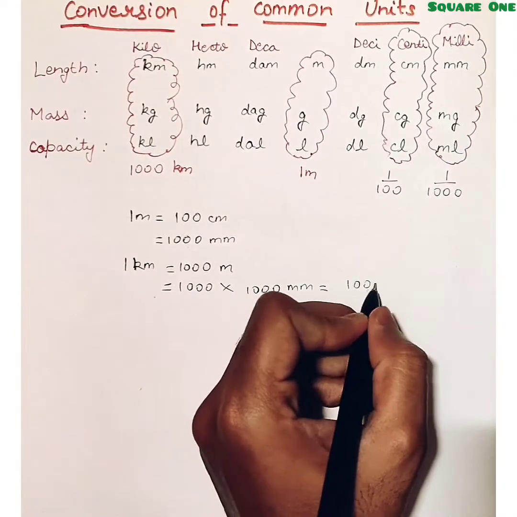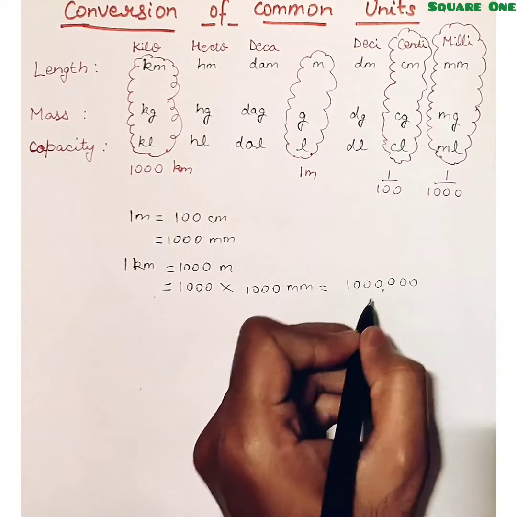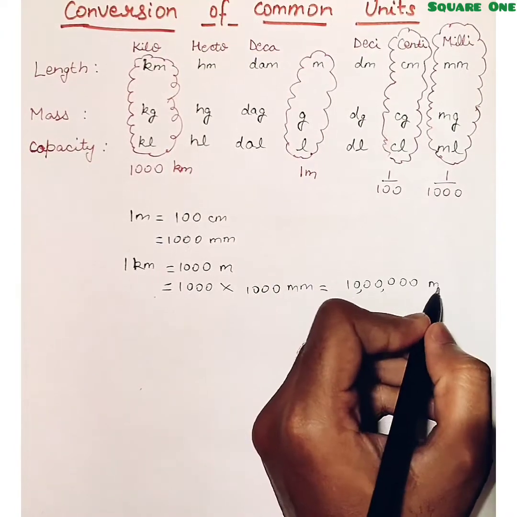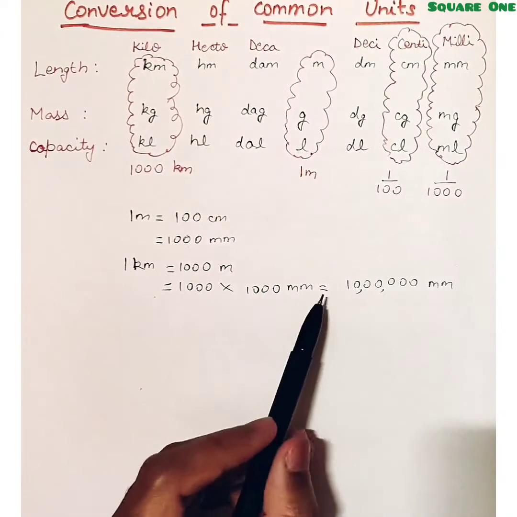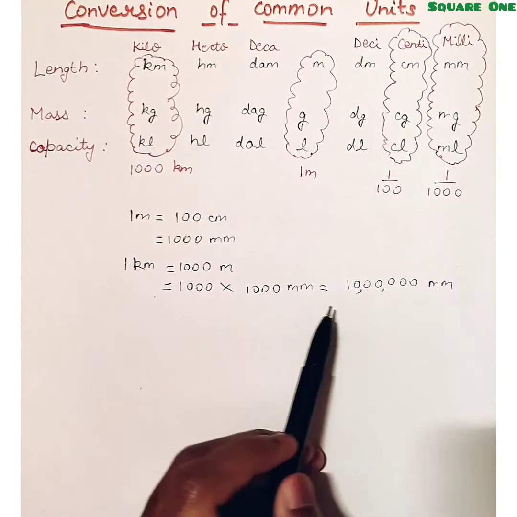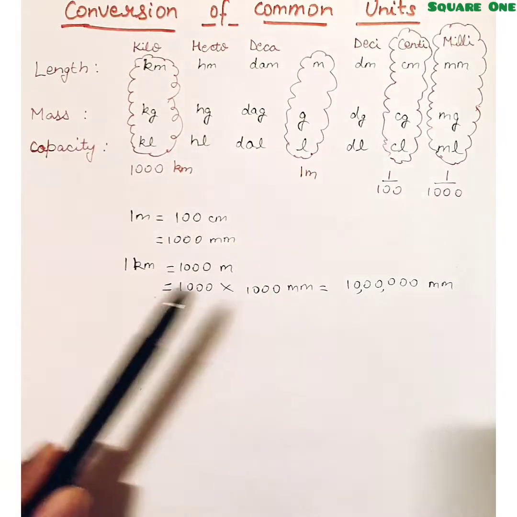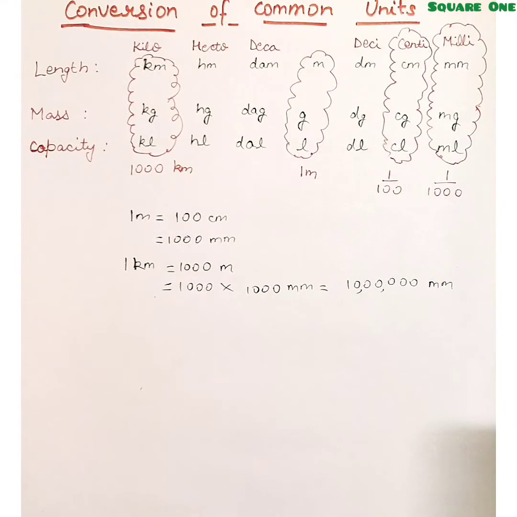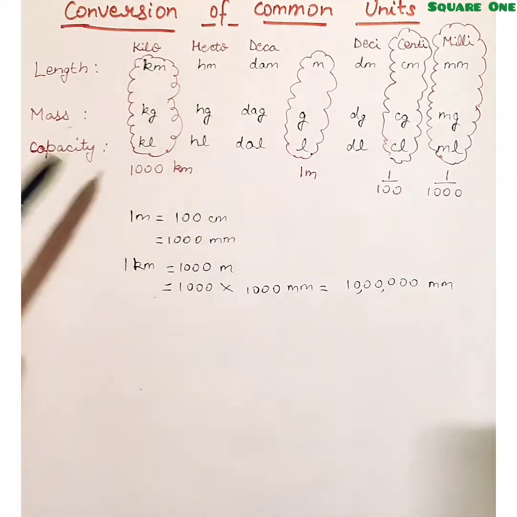So this becomes 10 lakh millimeters. I have used commas so it becomes easier to read. Then 1 kilometer is equal to 10 lakh millimeters. In a similar way, we can make such a chart for mass and capacity as well. We will just replace meter with gram for mass, and liter for capacity.